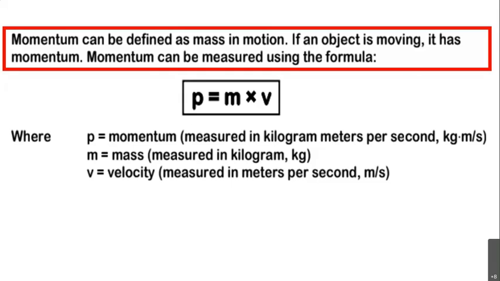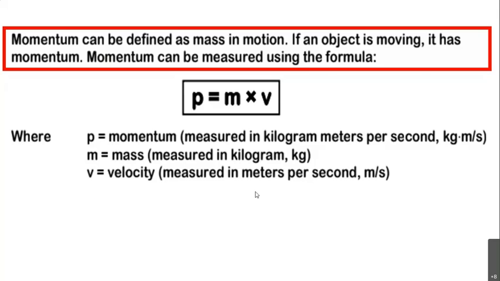Okay? So mathematically, momentum is mass multiplied by velocity. Remember, velocity is the physical quantity that tells us how fast an object is changing its position or displacement.